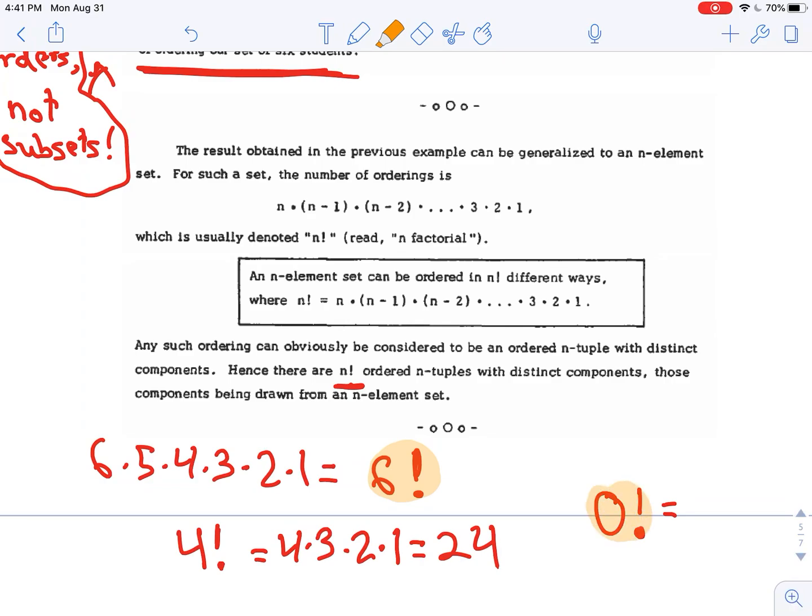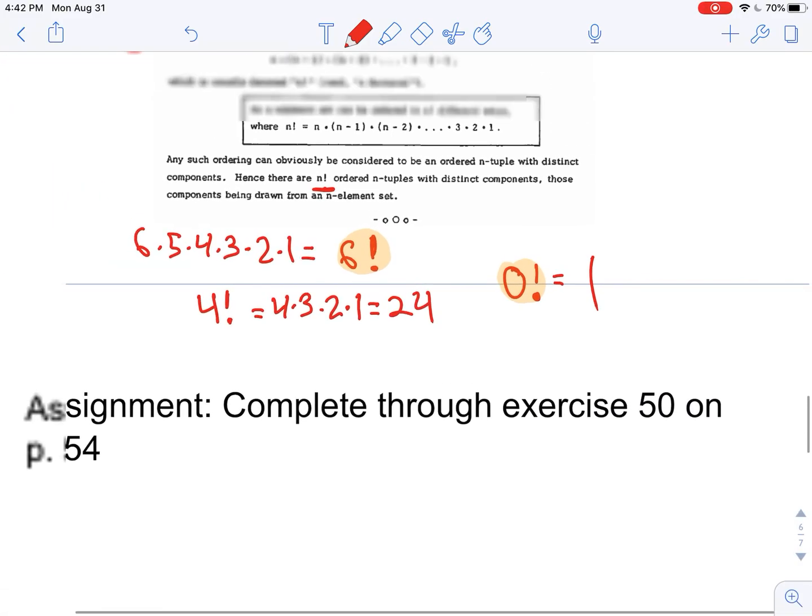If I ask for 0 factorial, I'm asking for how many ways can I arrange nothing. The nothing is actually going to be an arrangement, the arrangement of nothing. So I will say 1 for that. So a little special case there, folks.